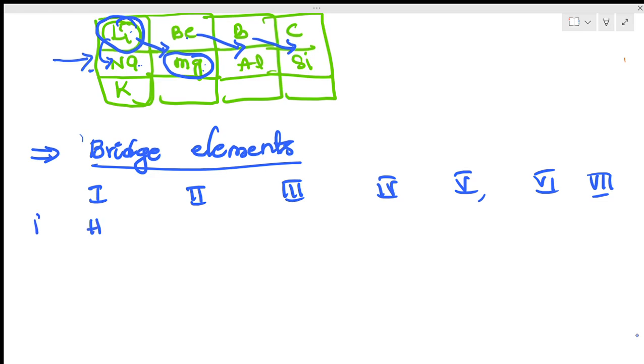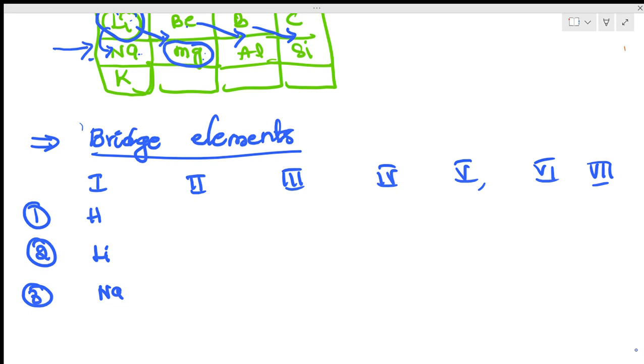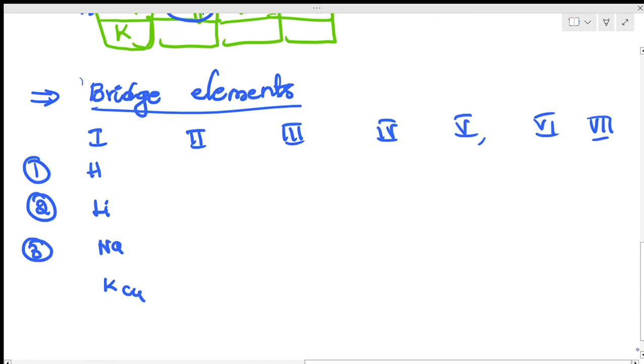Hydrogen is period 1, next lithium period 2, next sodium period 3. After sodium, potassium is there. But here, along with potassium, he kept copper also in the same group. Two elements he kept in the same group in the periodic table.